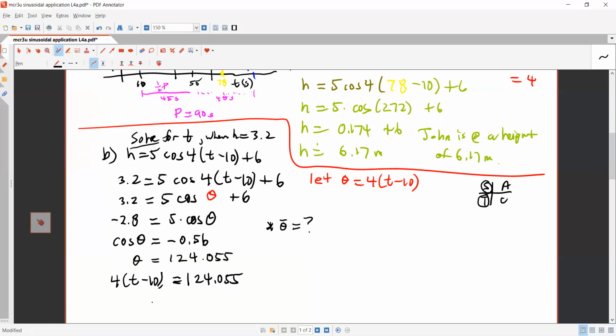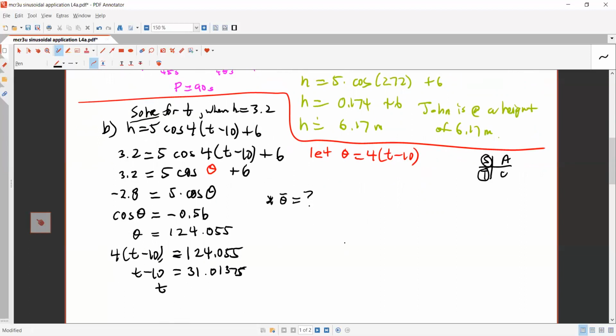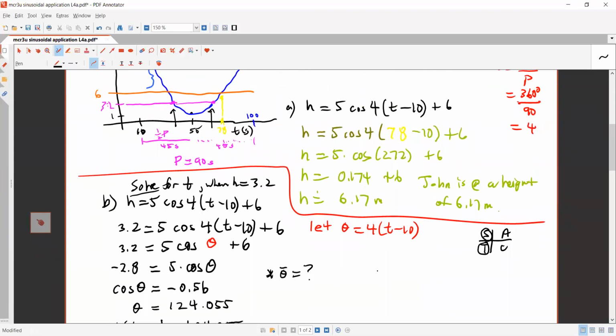And let's just do it on the calculator again. I skipped a step, sorry. 124.055 divided by 4. I get t minus 10 equals 31.01375. And then t is equal to 41.01 seconds. So that represents this point. And it kind of makes sense.